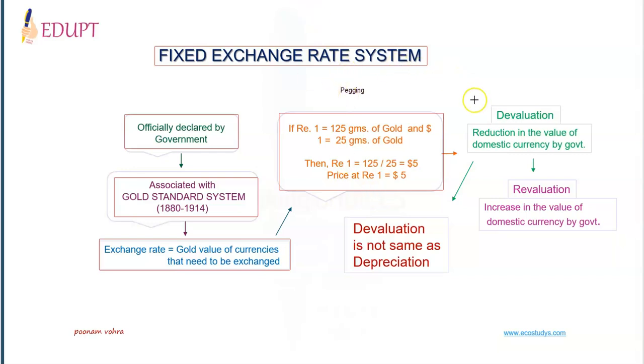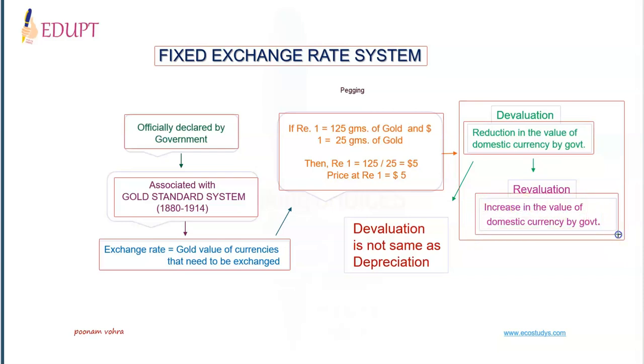The fluctuation in the exchange rate was in terms of devaluation and revaluation. Devaluation refers to reduction in the value of domestic currency by the government, whereas revaluation is increase in the value of the domestic currency by the government.